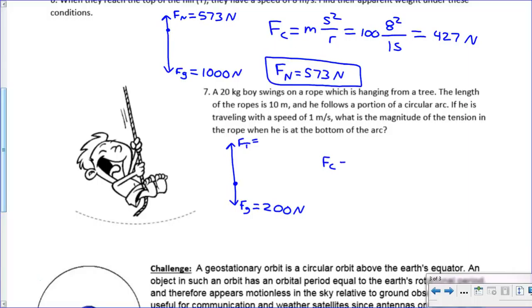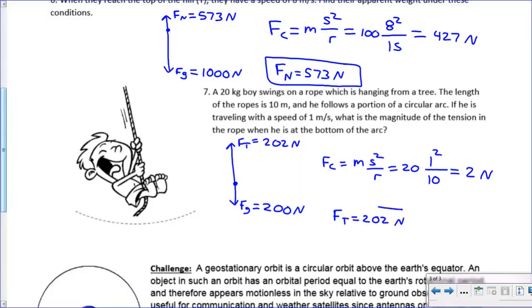We've got Fc equals m s squared over the radius, which equals, in this case, 20 times his speed, which is only 1 meter per second, over the radius, which is 10 meters. If you do that, you should get 2 newtons for the unbalanced force. And so if these two forces are unbalanced by 2 newtons and the upward force is larger, then this is 202 newtons. So Ft equals 202 newtons.